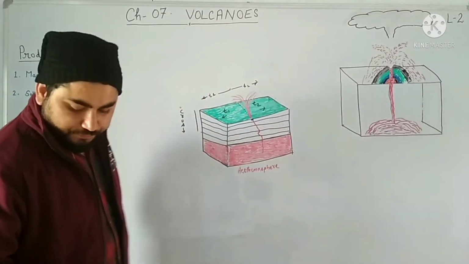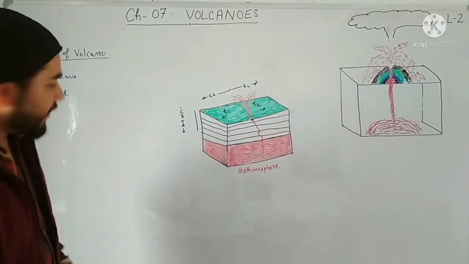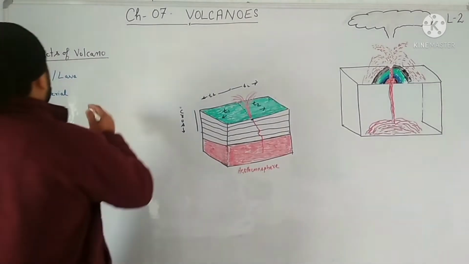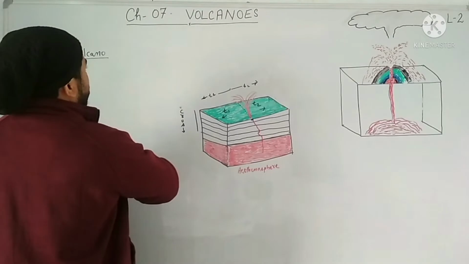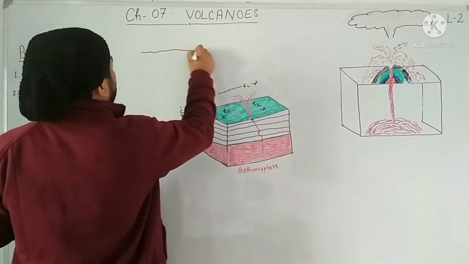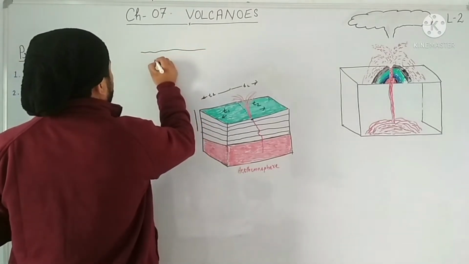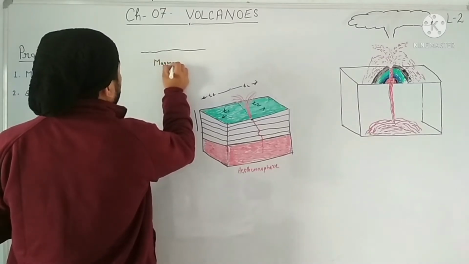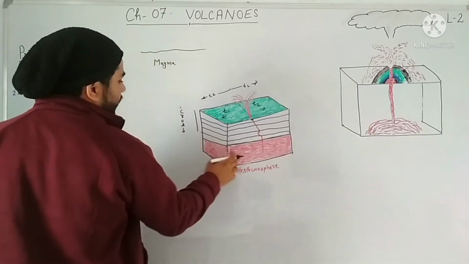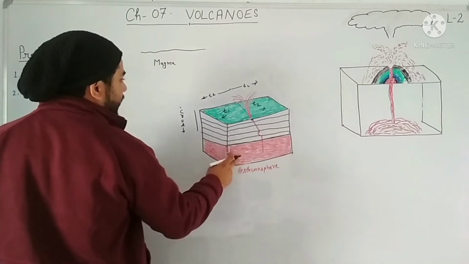Okay, so first of all, let us understand what is lava or magma. What is the difference between lava and magma? Suppose this is the surface of the earth, right? So here the molten material or the molten rocks will be called magma, right?